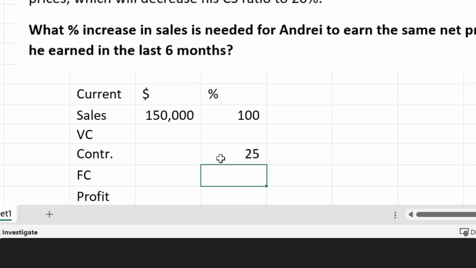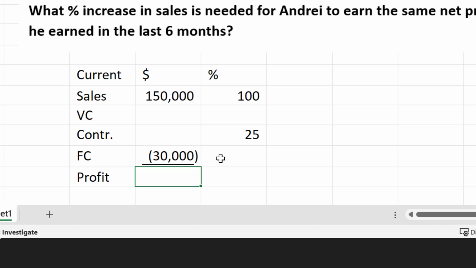So contribution is 25% of sales. Now, if we needed to, we could also find the variable costs, because that would be 75% of sales. We understand the fixed costs are $30,000.